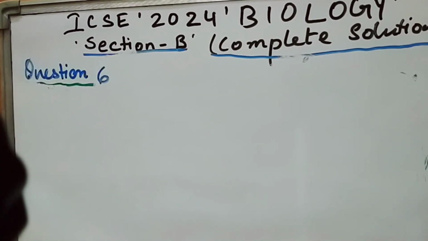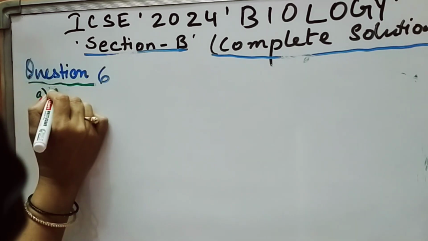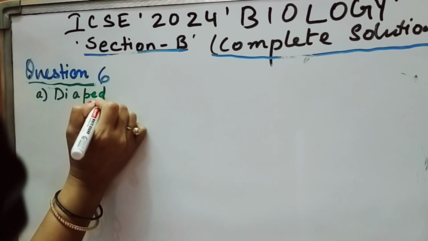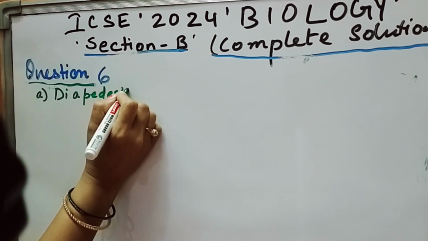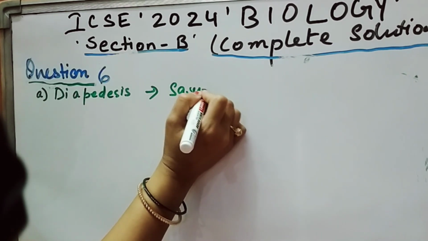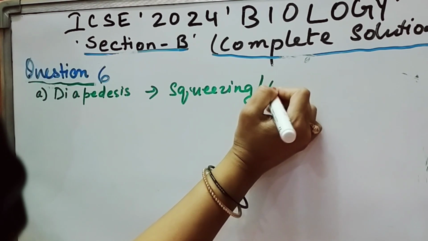So question number 6, the first question is define the term diapedesis. So what is diapedesis? It's a squeezing, or you can use the word oozing. Mainly squeezing is the correct one.